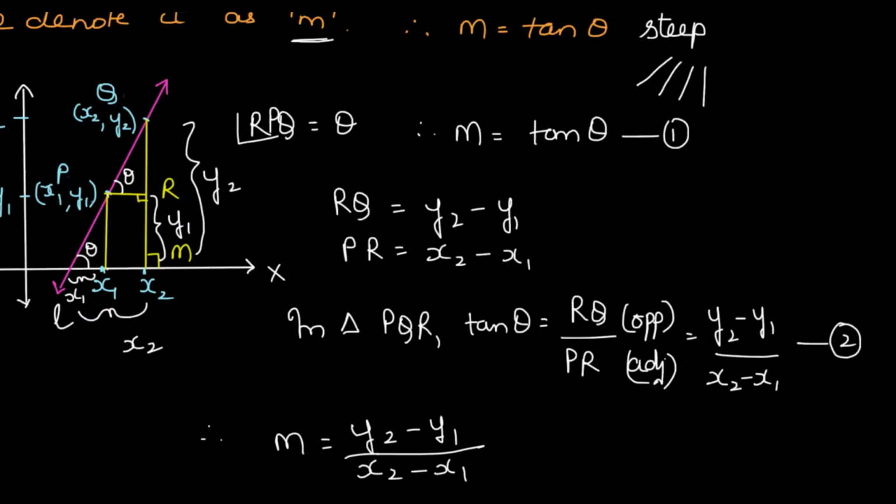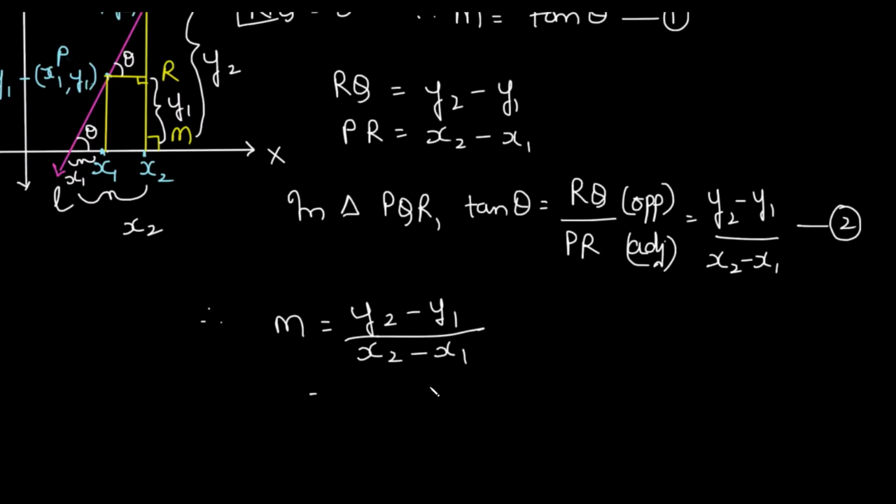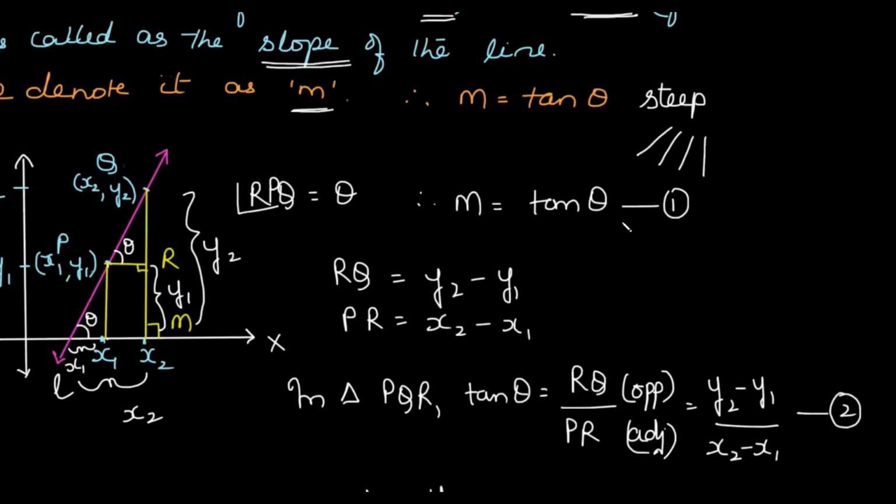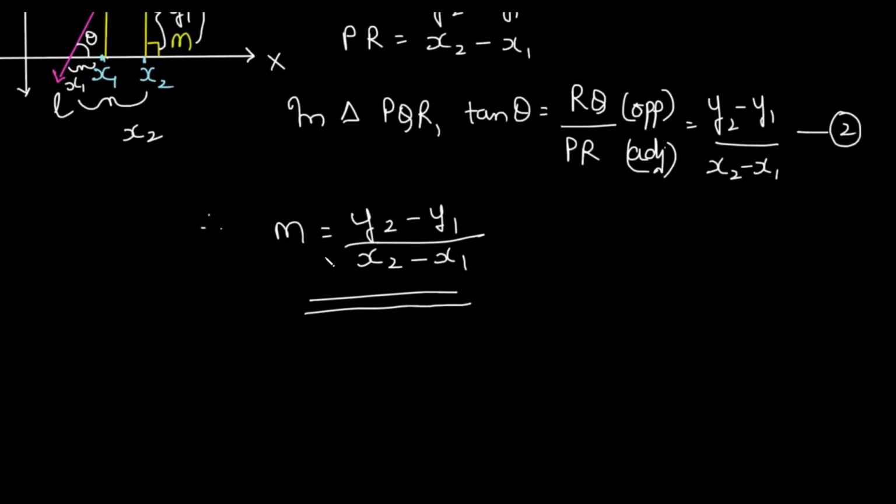This is the second and important formula for measuring the slope of a line. Often we are not given the inclination theta, so we are left with this formula. Here we have learned two formulae: slope is either tan theta, or y2 minus y1 upon x2 minus x1.